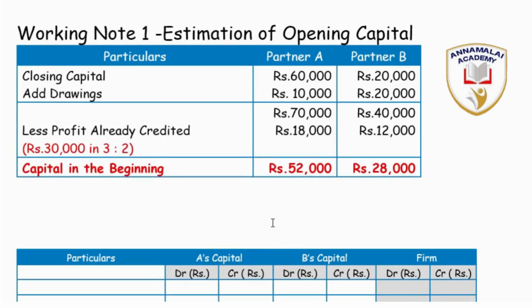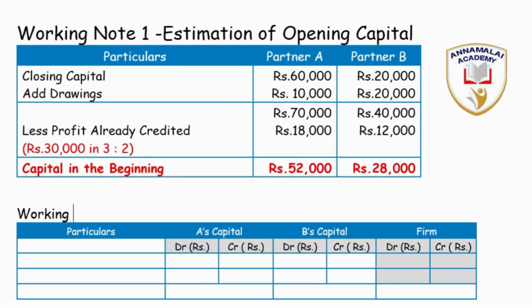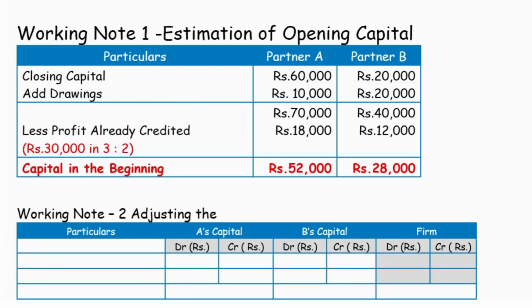Now we have to make another working note. This is working note 2 for adjusting the past things, that is, interest on capital and salary.